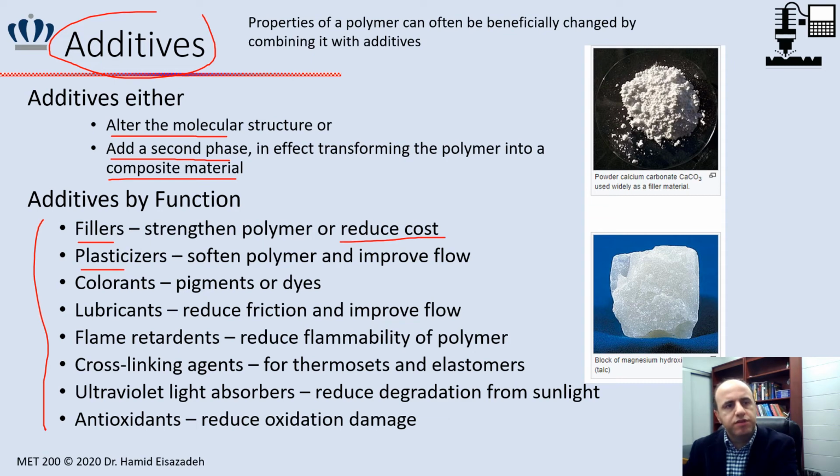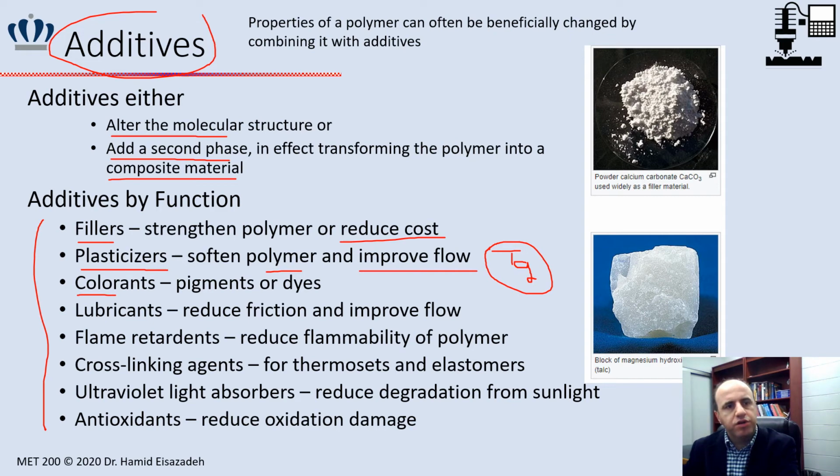The next one is plasticizer, which softens the polymer and it can improve the flow by lowering the glass transition temperature, Tg. This term, I will discuss in the next slide.